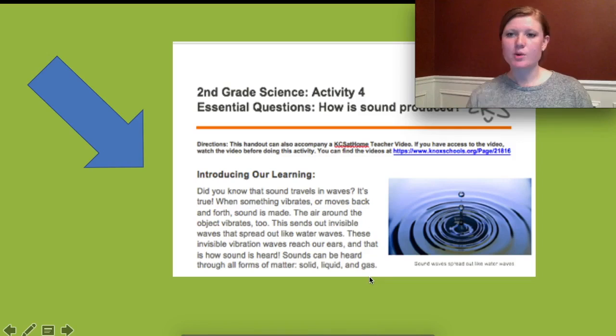So 3 questions Miss Lay has for you. Number 1, what has to happen before a sound can ever start? Let's go back in our text and look. It says when something vibrates or moves back and forth, sound is made. So a vibration must occur before the sound can be made. What happens next as a result of that vibration?